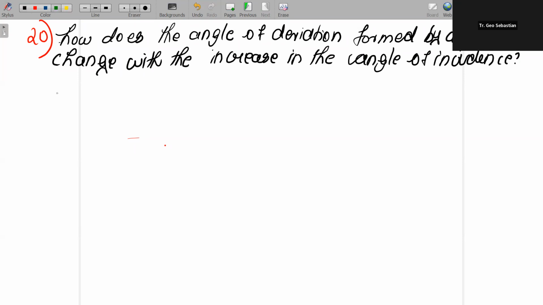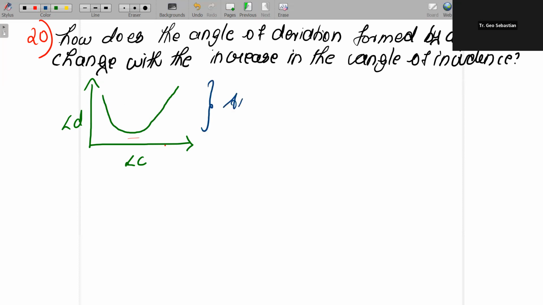You guys remember one graph I taught you like this. So here you have angle of incidence, here angle of deviation. Do you remember? So this graph was moving like this. Remember that graph? So from this graph, what did you understand? Joy, listen. You're writing well.